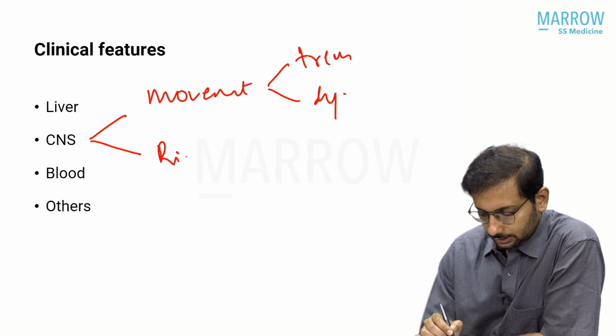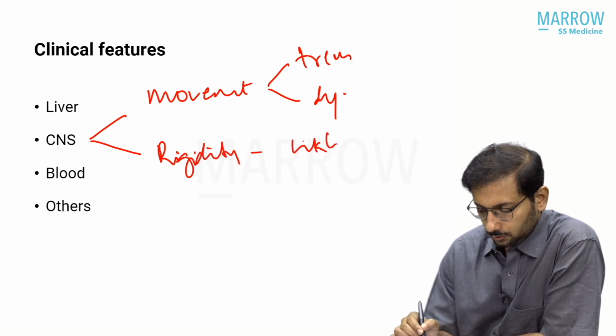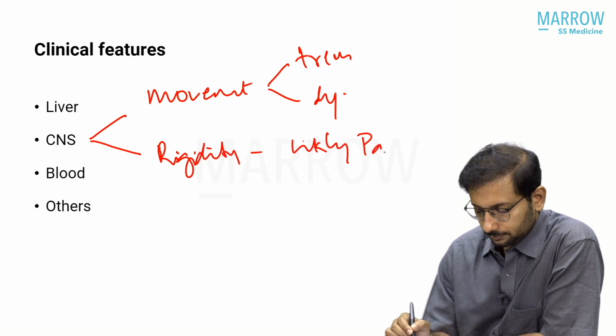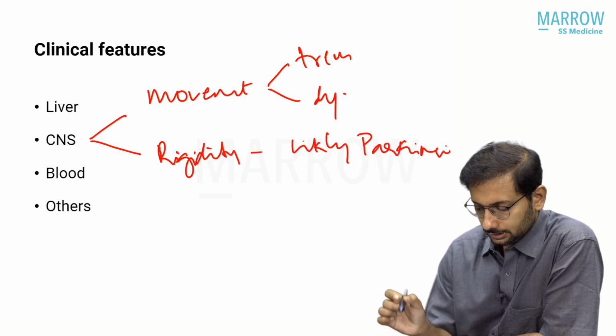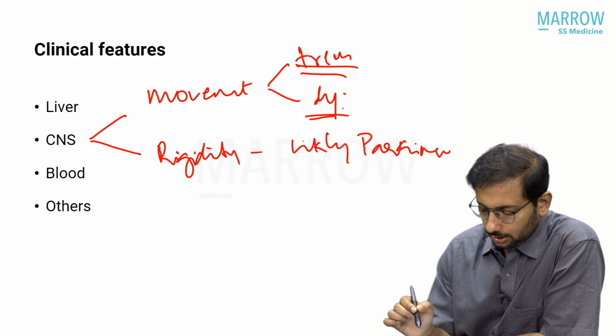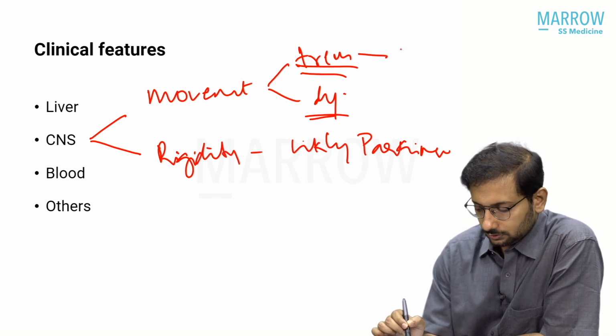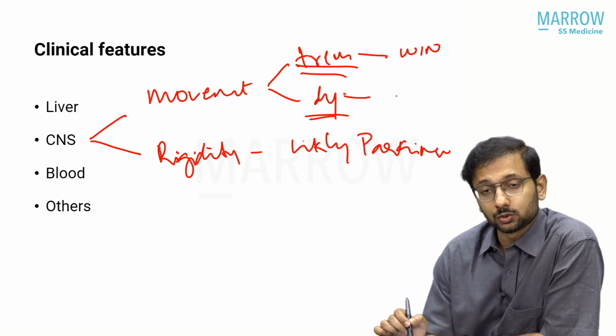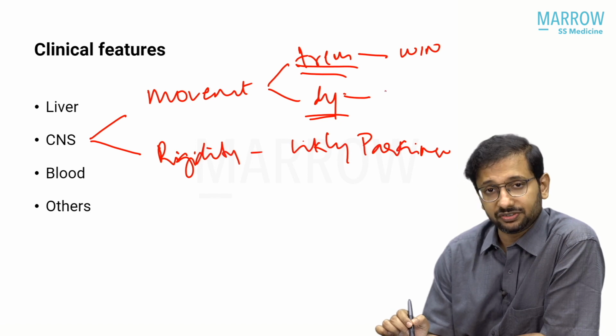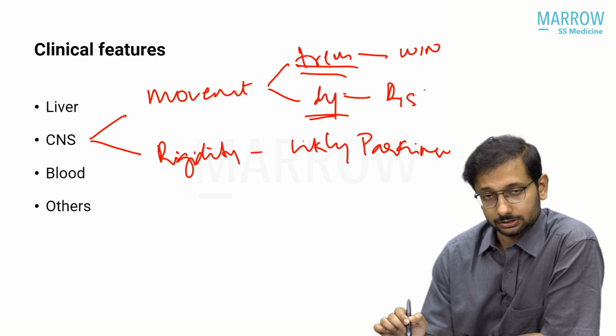The other one is rigidity, likely similar to Parkinson's. In tremors and dystonia, you have classical ones. One is a wing beating tremor and one is dystonia, a specific facial grimace called risus sardonicus, which is seen in Wilson's.